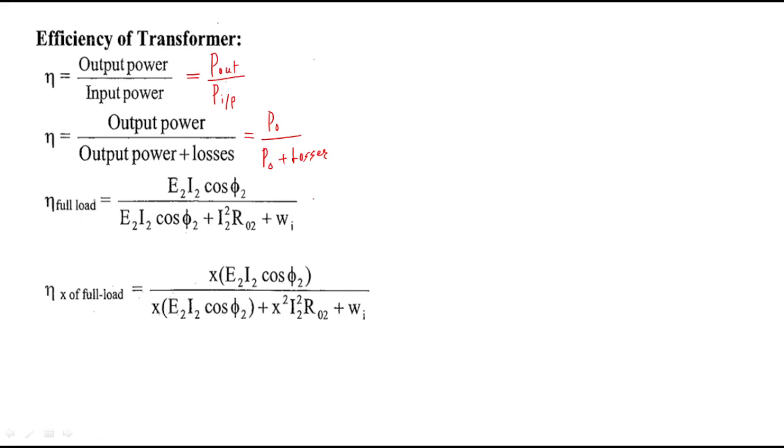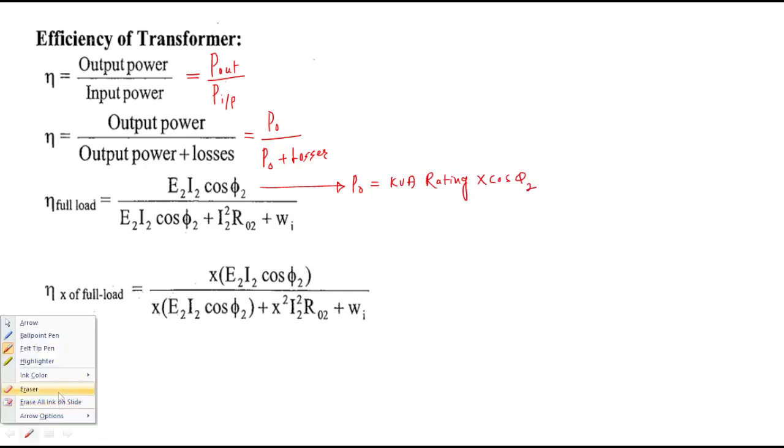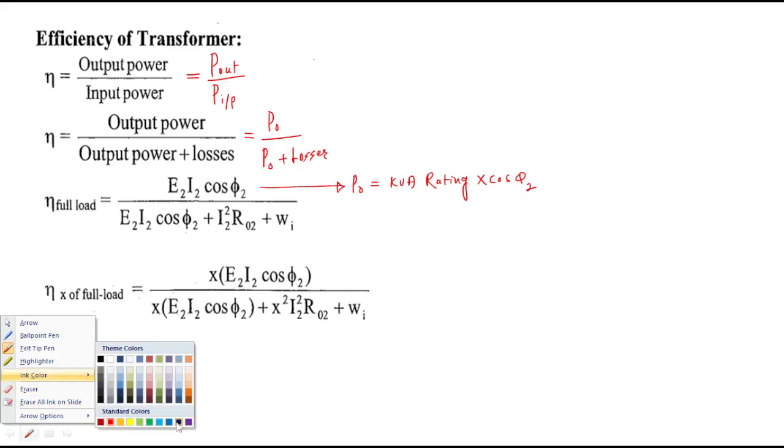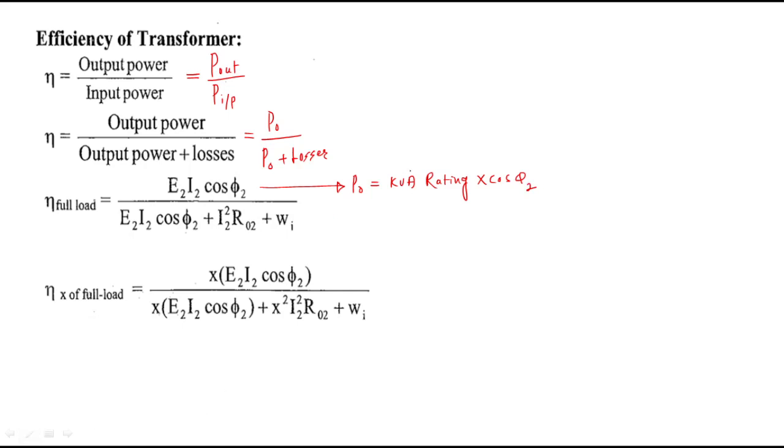What is this E2 I2 cos phi 2? This output power can be calculated as the kVA rating of a transformer multiplied by the power factor of load, that is cos phi 2. We all know that the nameplate details which are mentioned are with respect to load only, right?